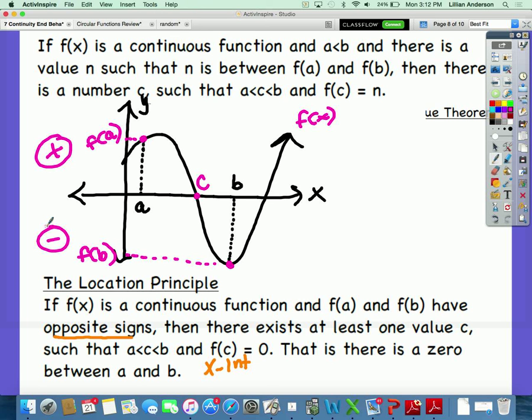So the location principle, which backs the intermediate value theorem, says that if they change signs, there's an x-intercept somewhere between the value of A and the value of B. Wouldn't you agree? And that point is whatever C is. Somewhere in between them, there is an x-intercept. It seems really obvious for that.